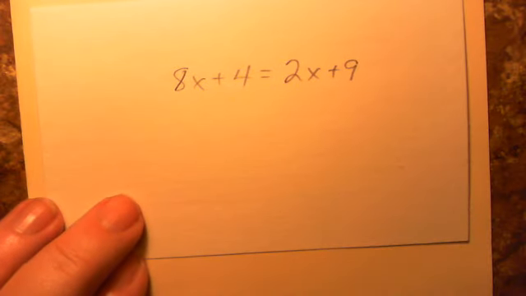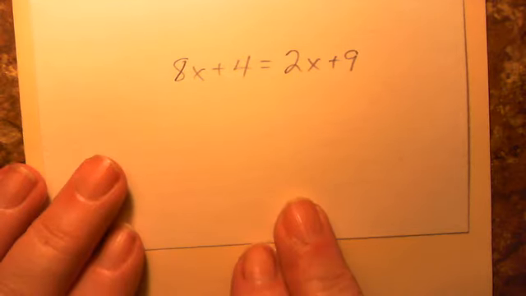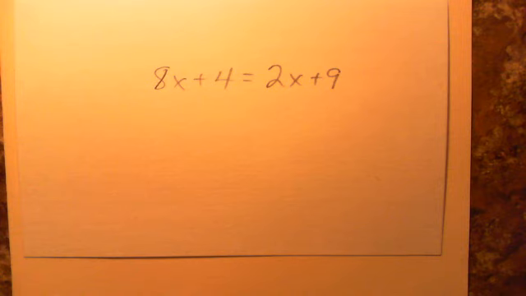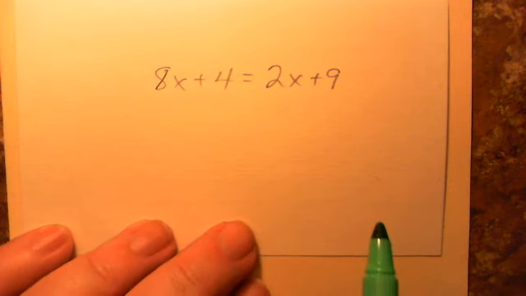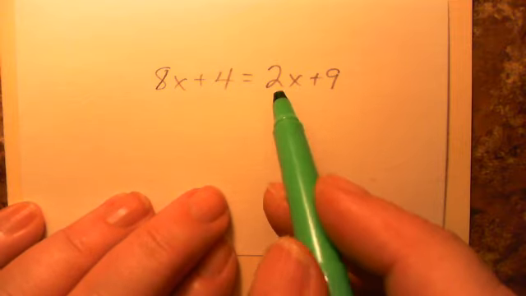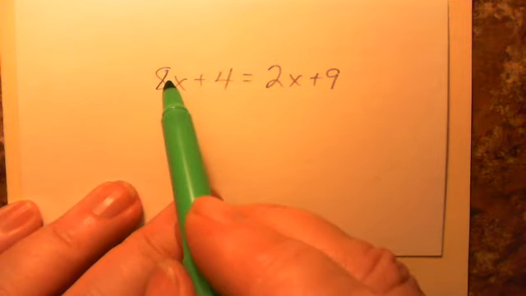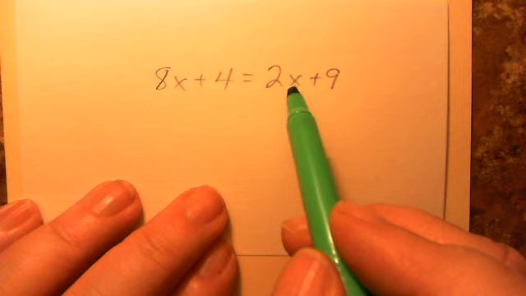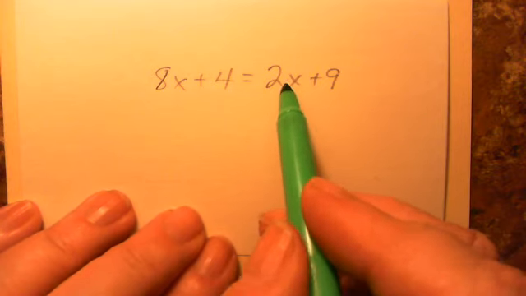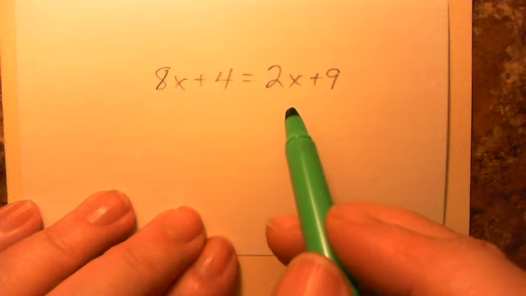Look at the equation 8x plus 4 is equal to 2x plus 9. Okay, several ways to show your work for these, and so I might show some of them a little differently. But it's the same work, just shown differently. Here we have 8x plus 4, 2x plus 9 connected by an equal sign, so we know we want to solve for x.